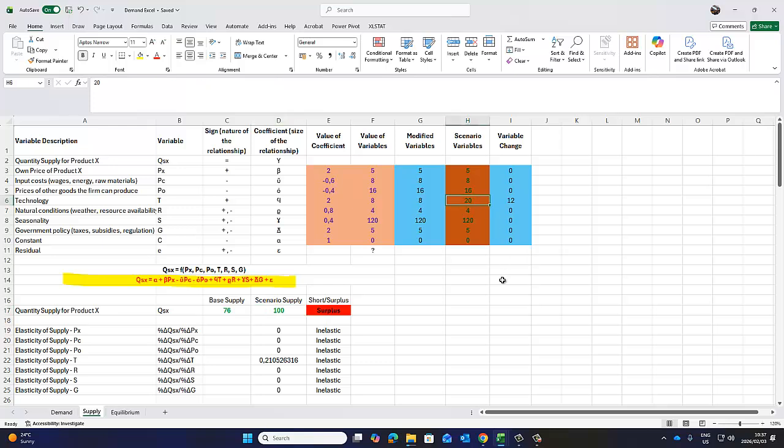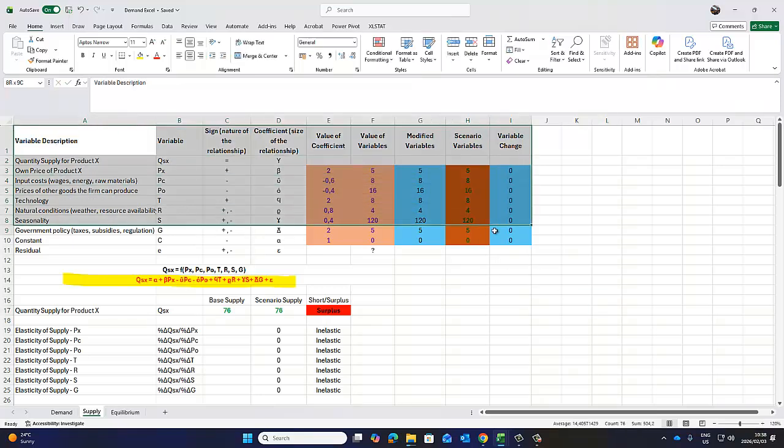So if I make that 9, basically that 1 increase causes a 2 increase in supply, which is inelastic still. So let's go back to 8. There's my basic setup of my supply function.